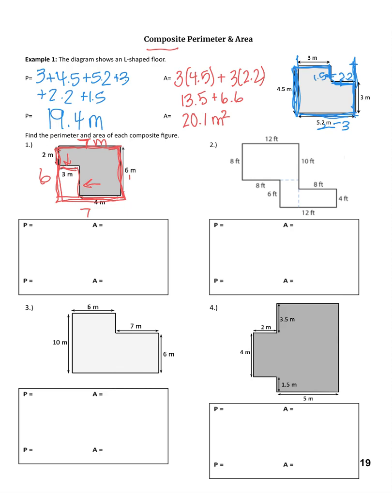So to find the perimeter, I could do 6 plus 7 plus 6 plus 7. That works on shapes like number 1, the first example, or number 3 down here. It wouldn't work as well for 2 or 4. It will kind of work for 4, but not so great for 2. So the perimeter would be 26 meters.